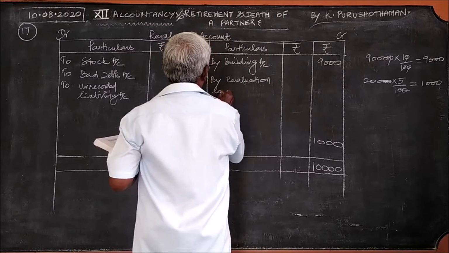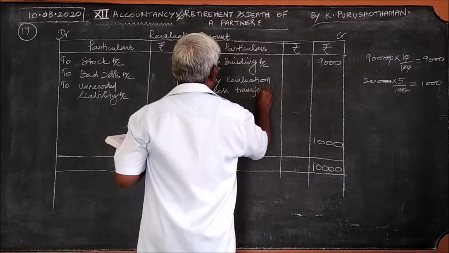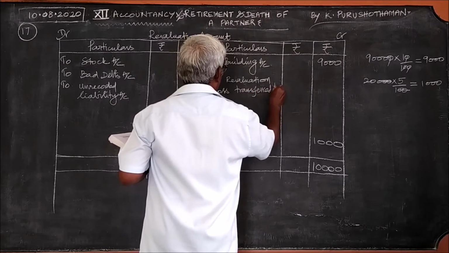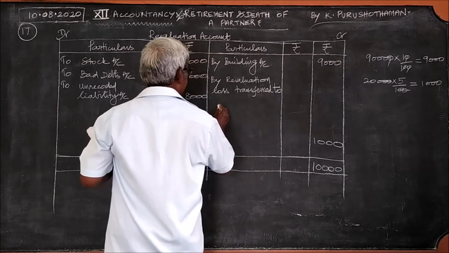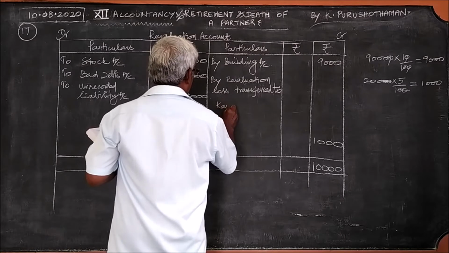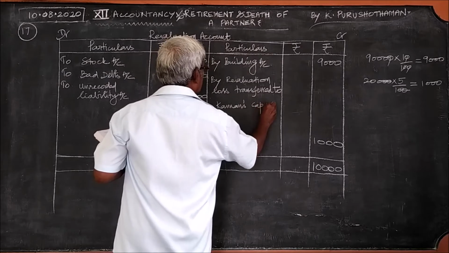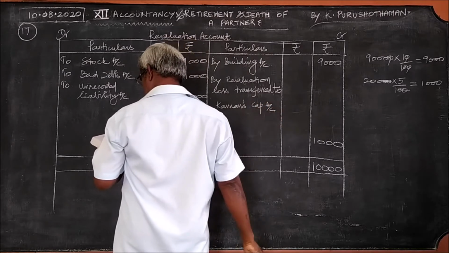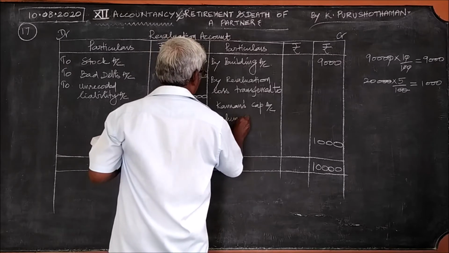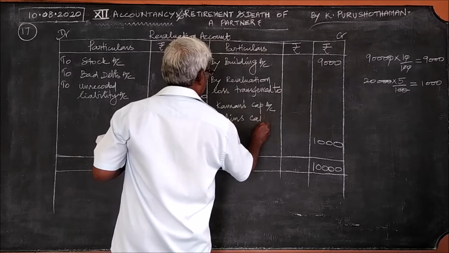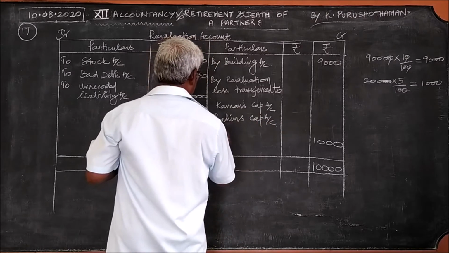Revaluation loss transferred to, who are the partners? Kannan, Rahim, John. To Kannan's capital account, Rahim's capital account, John's capital account.